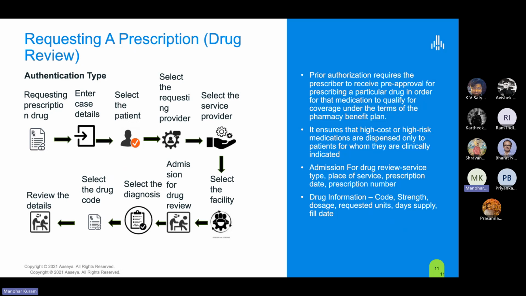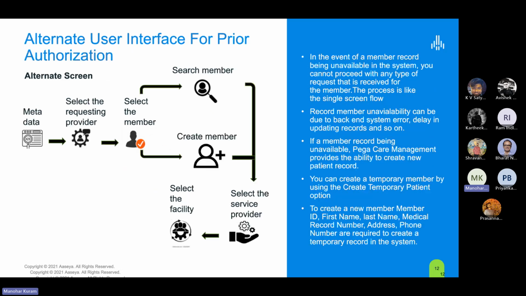Once we select the facility, we will enter the information for the prescription date, prescription number, place of service, and service type. Once the drug code is selected, we will review the details and proceed further. This is about the drug review authentication type.